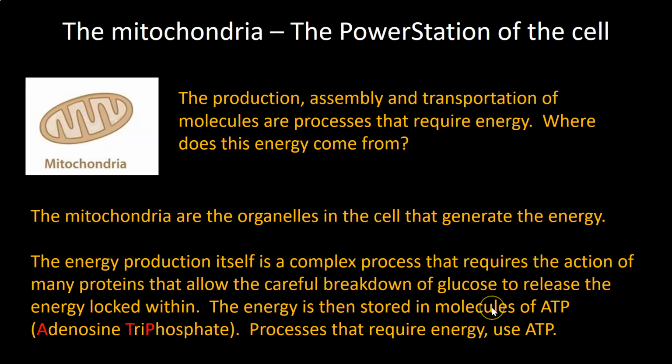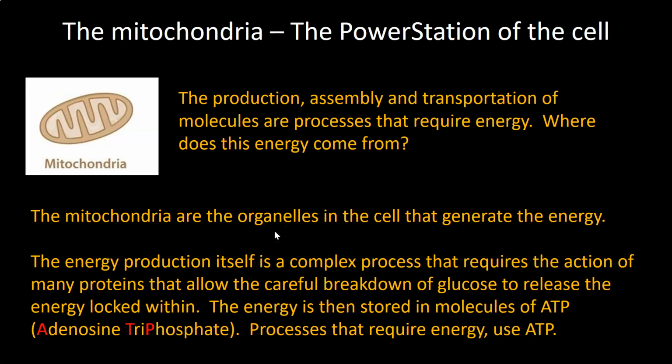It has to come in a currency that the cell understands, and the currency of energy that our cells use comes in the form of ATP, adenosine triphosphate. It's basically 3 phosphate molecules attached to this sugar called adenosine. It's these phosphates, when they're attached to adenosine, that lock the energy into the molecule, and it's in the form of ATP that cells can harness the energy much more easily.